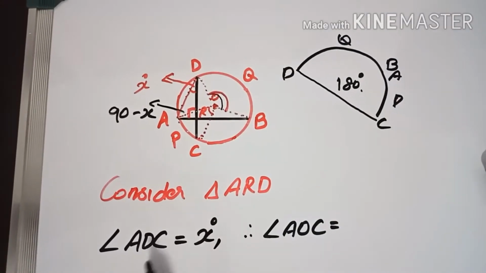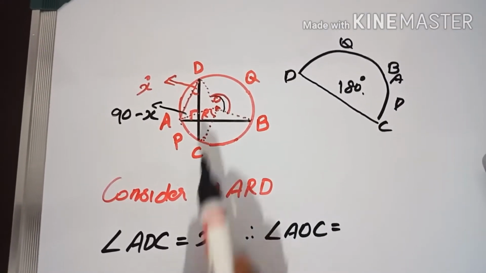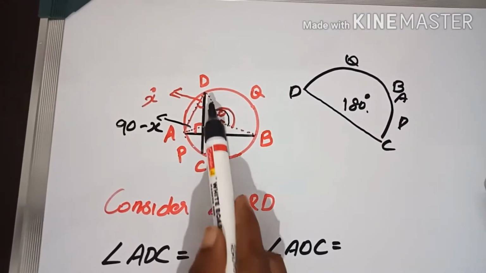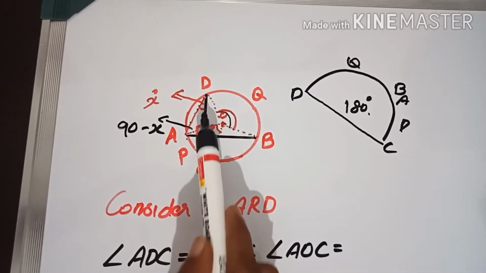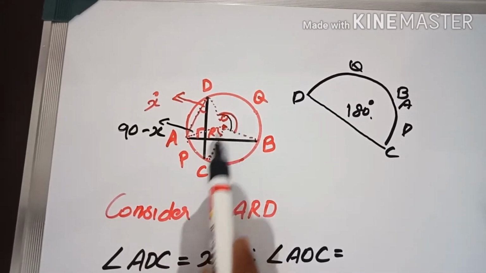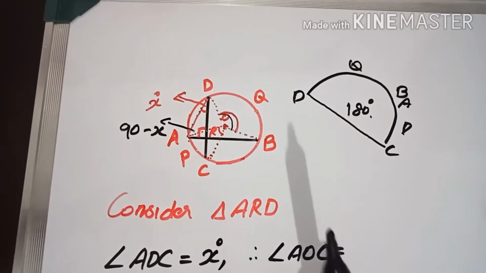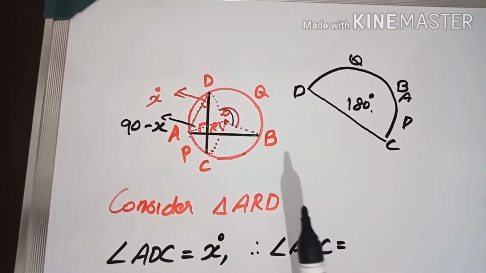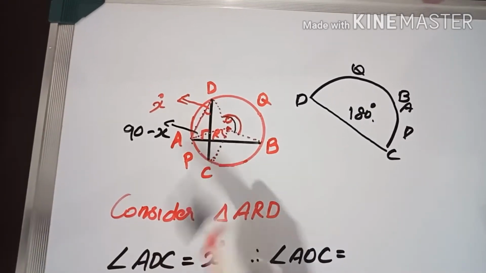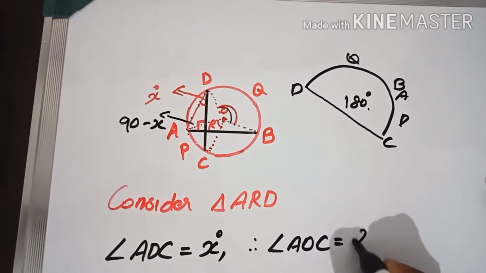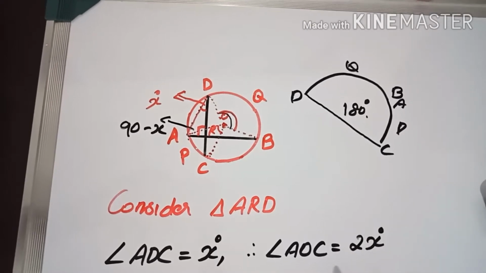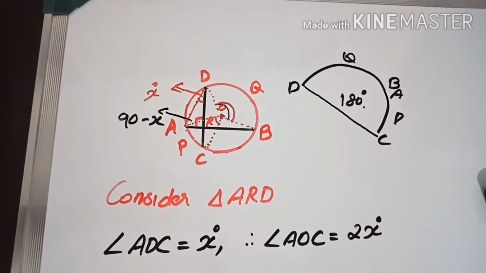So if angle ADC equals x degree, then its central angle AOC is double, that is 2x degree. Central angle will be 2x degree.